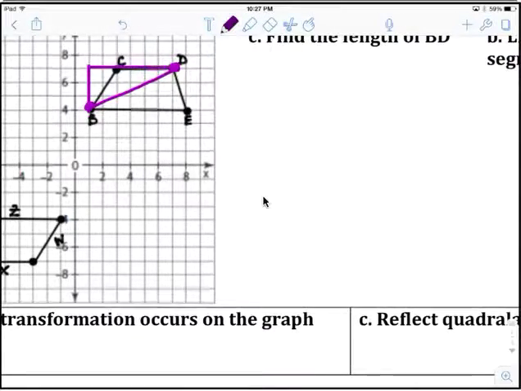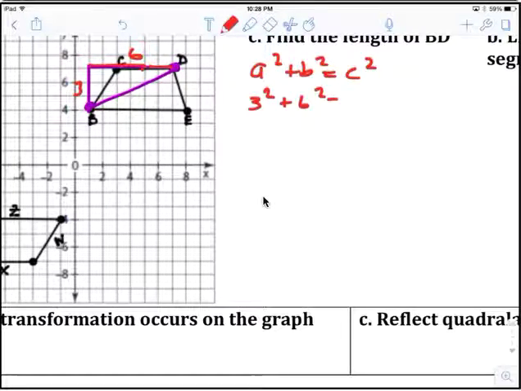So you do Pythagorean Theorem, a squared plus b squared equals the diagonal squared, c squared. That's 3, 6 here. So 3 squared plus 6 squared equals c, the diagonal, squared, or BD squared.